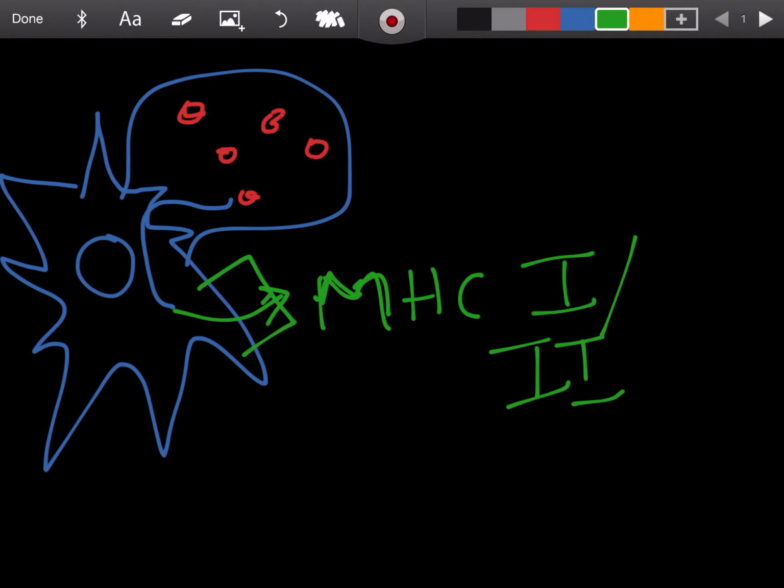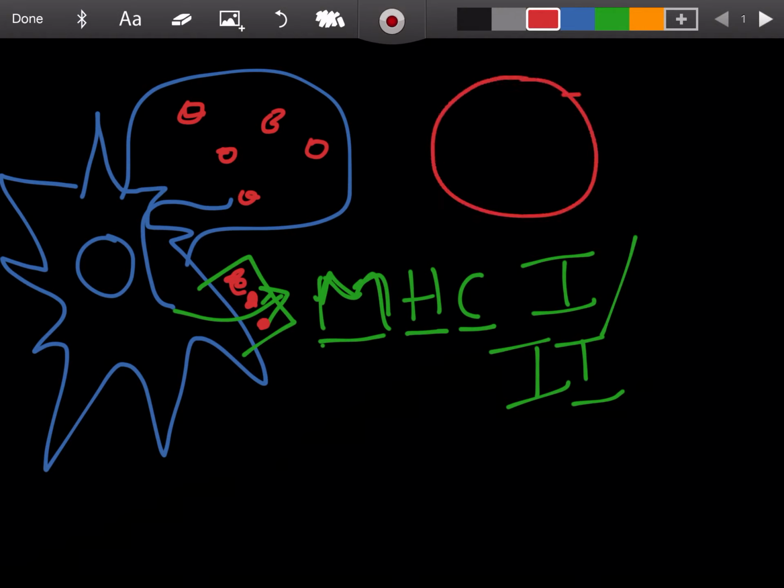This stands for major histocompatibility complex, I believe, but it's essentially a thing that displays, hey, look, this is an interesting thing. A cell from the acquired immune system, let's say a T cell, will be floating around and will come over and bind to that MHC complex and literally learn.